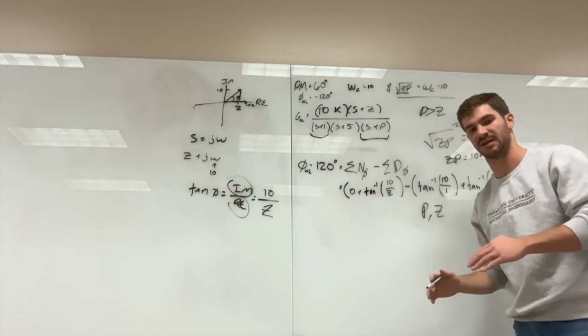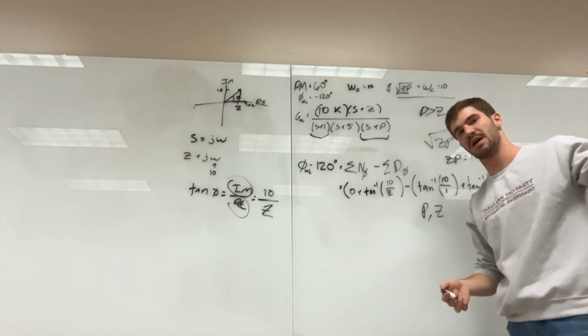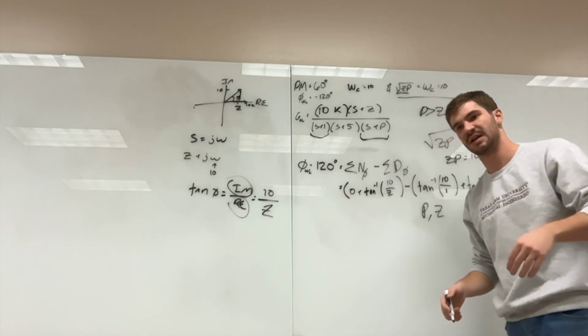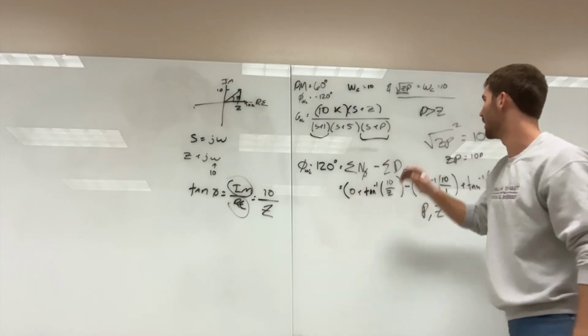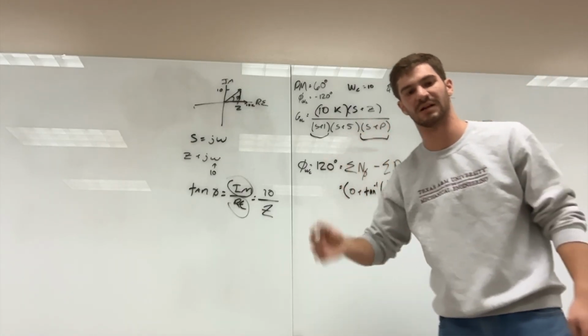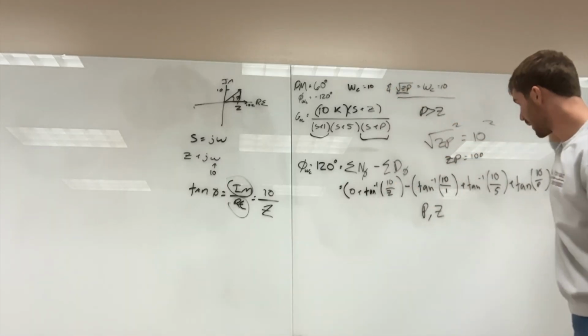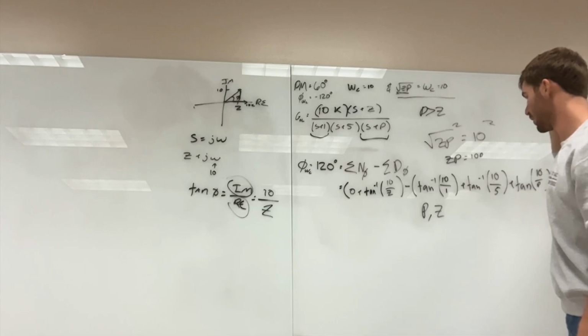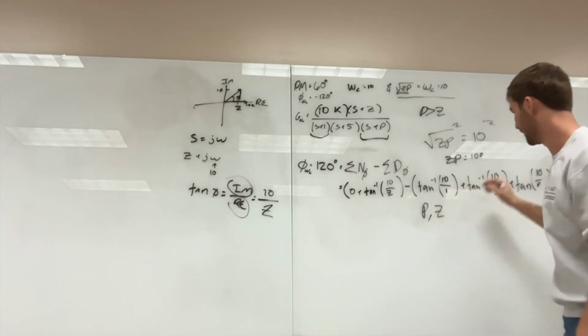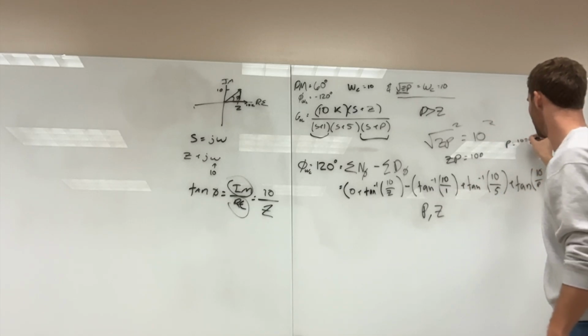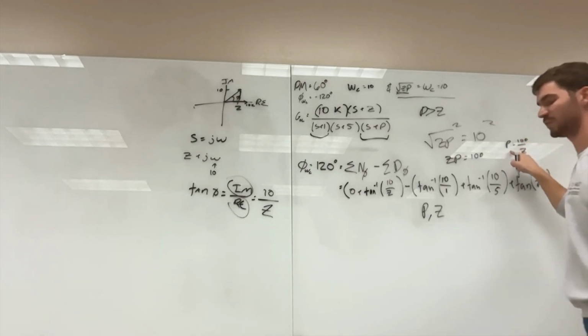A lag compensator has a zero first, which means that we're going to have less of a response at the higher frequencies, and a lead compensator will have a greater response at higher frequencies. So we need to have our pole greater than our zero. So all that to say, you need to have p equal to 100 over z because we know p is greater.